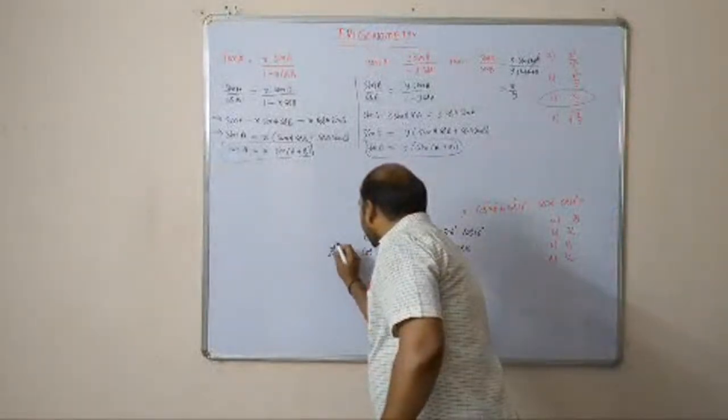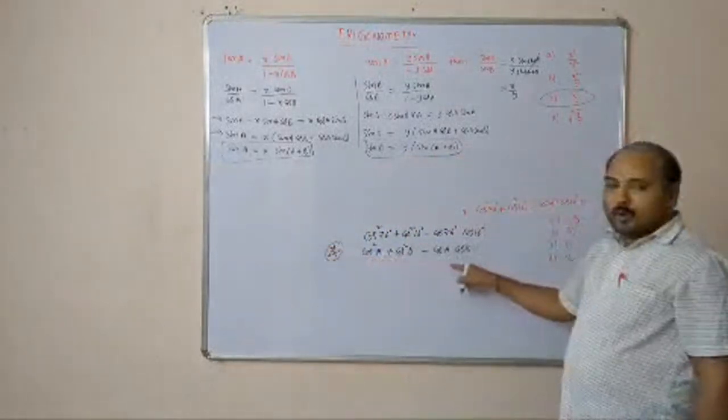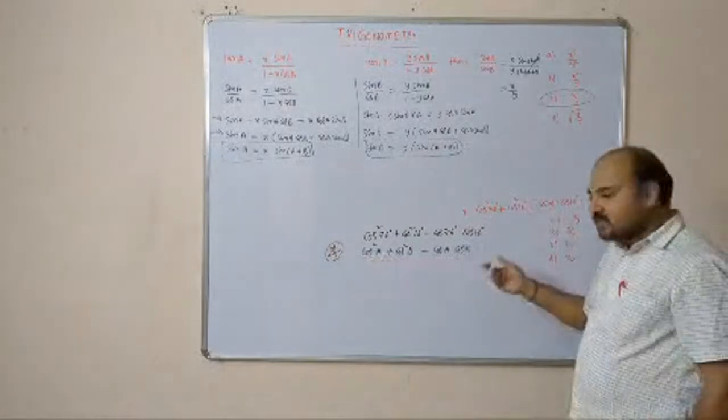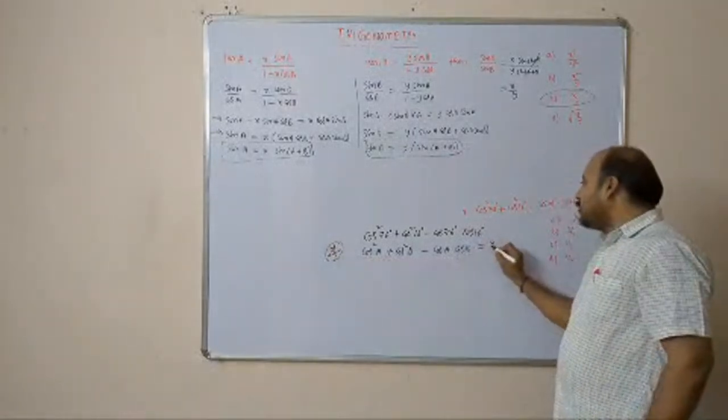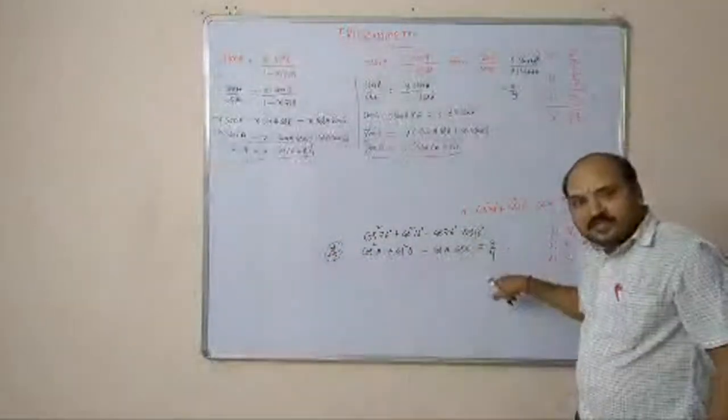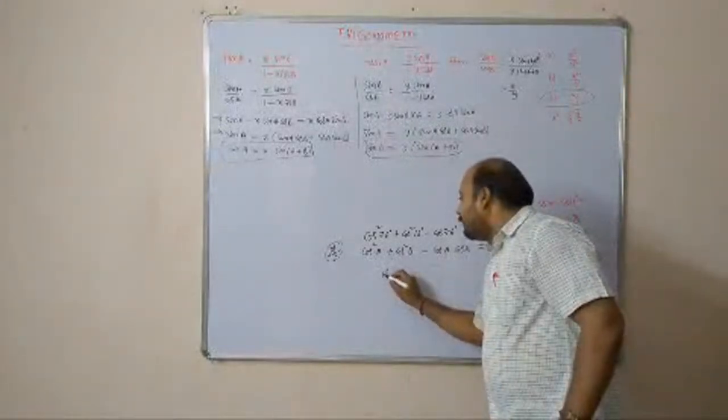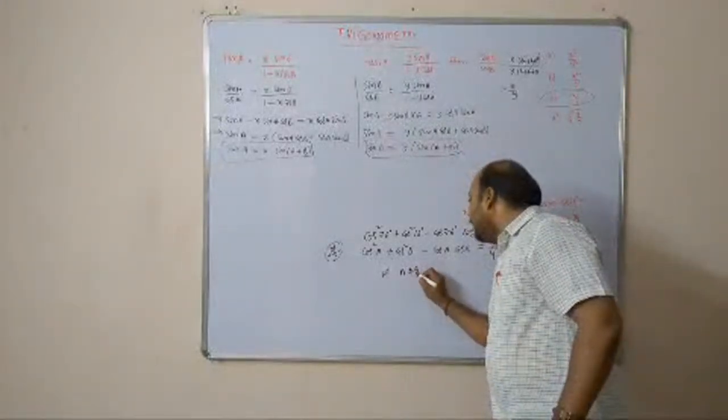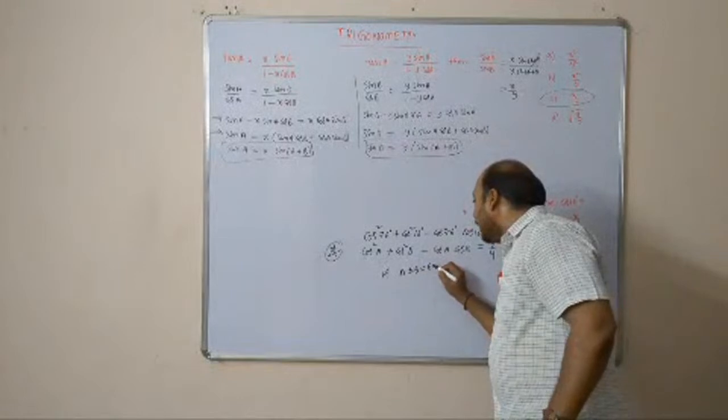Whenever cos is in this form, cos square A plus cos square B minus cos A cos B is always equal to 3 by 4. When it is 3 by 4, A plus or minus B value is equal to 60 degrees.